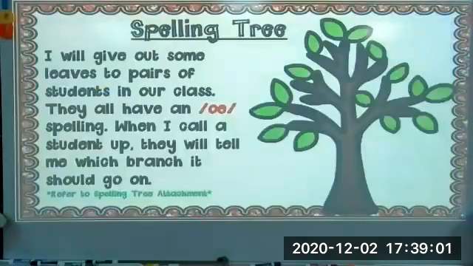All right, so we are going to look at a spelling tree. We can't do what's on the screen because you guys aren't here with me. So we are going to look at our spelling tree and we're going to decide where they need to go. And I'm going to turn my flashlight on. It worked so well this afternoon when I did it this way.